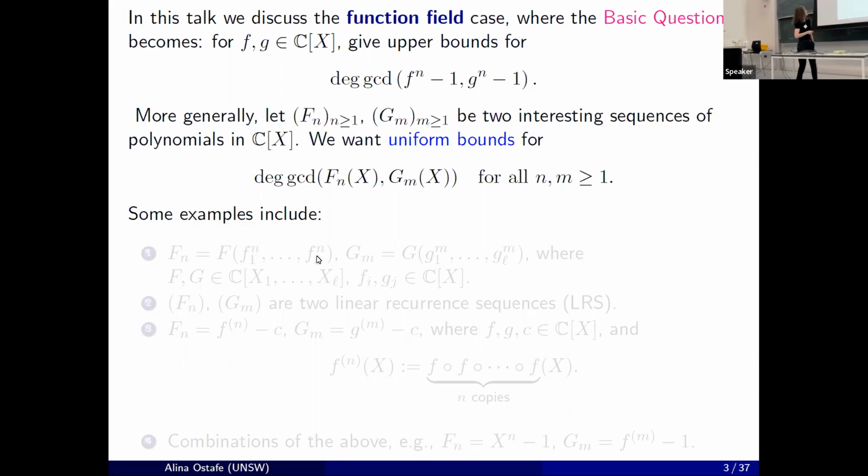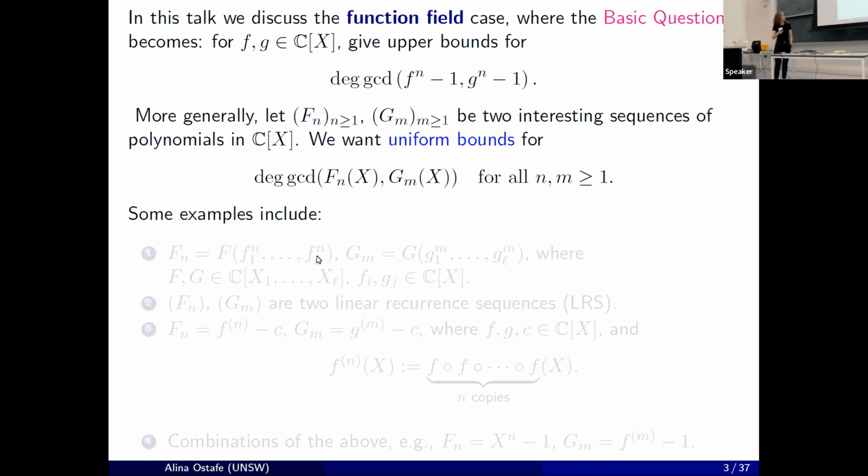So one can ask more generally, given two sequences of polynomials, f_n and g_m, two interesting recurrent sequences, give uniform bounds for the degree of the GCD of f_n and g_m for all n and m.